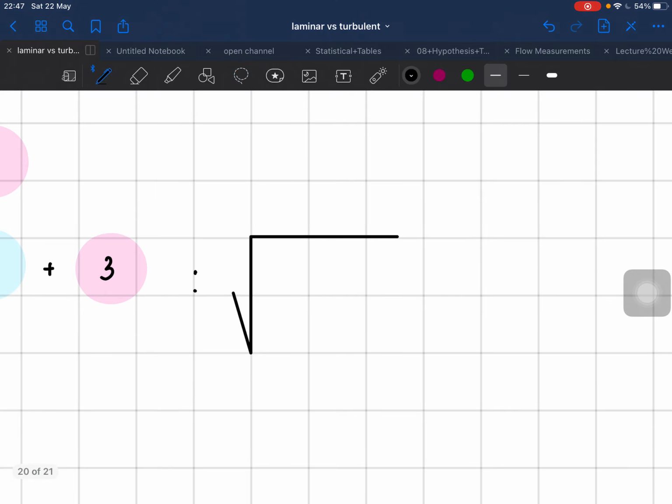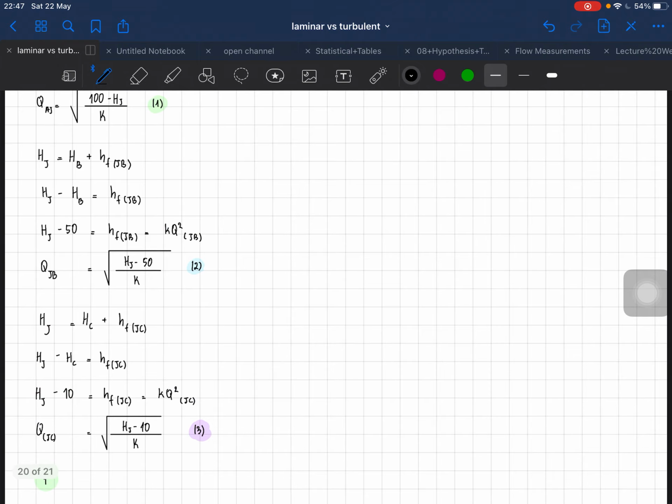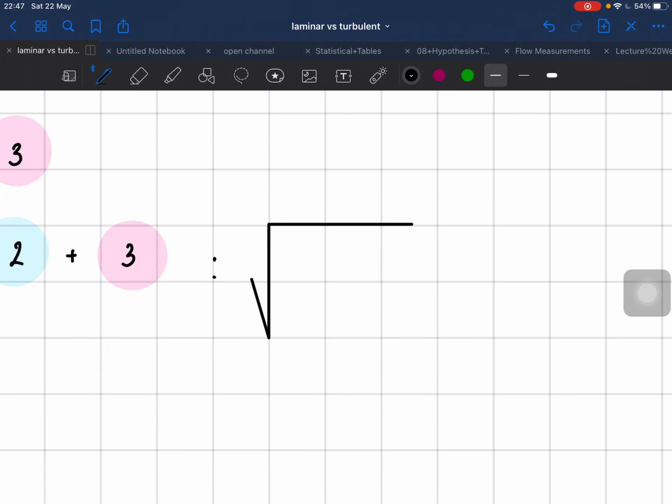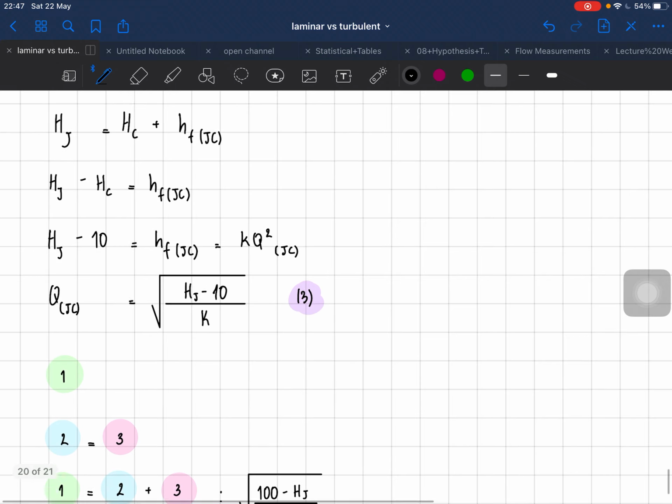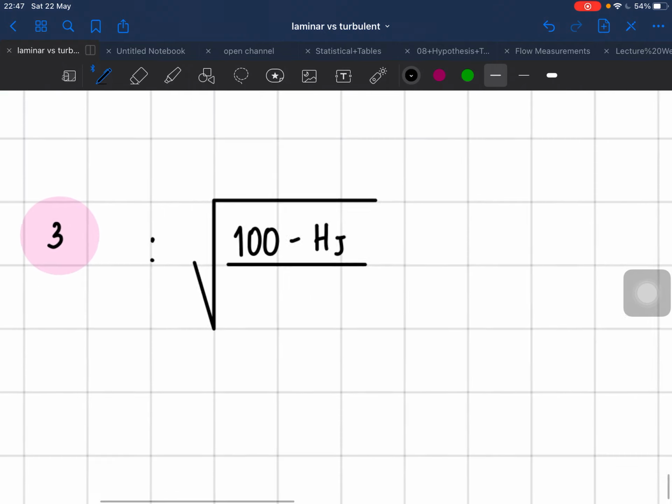So let's see. Yeah, it's going to be this way. 1 is 100. Wait a second. Is 2 and 3 equal to each other or not? This is my answer. And this is my question.